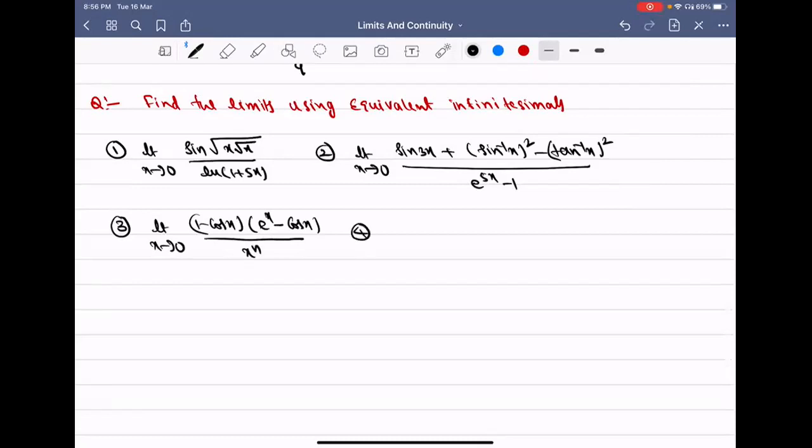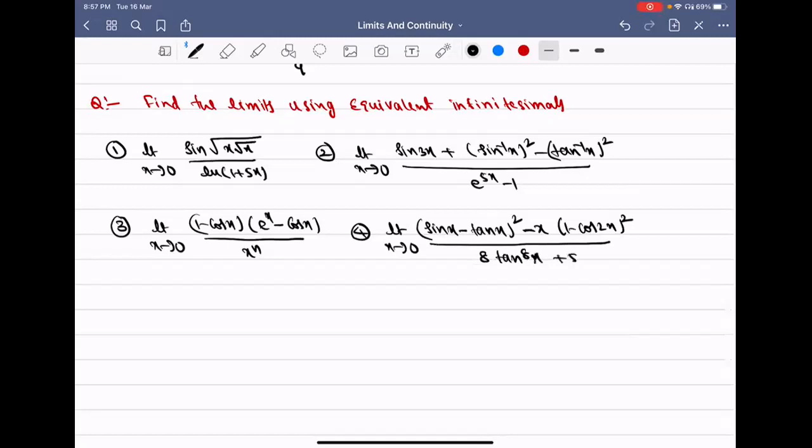Question 4: limit x tends to 0, sin x minus tan x whole square minus x into 1 minus cos 2x whole square over 8 tan power 8x plus 5 sin power 5x.